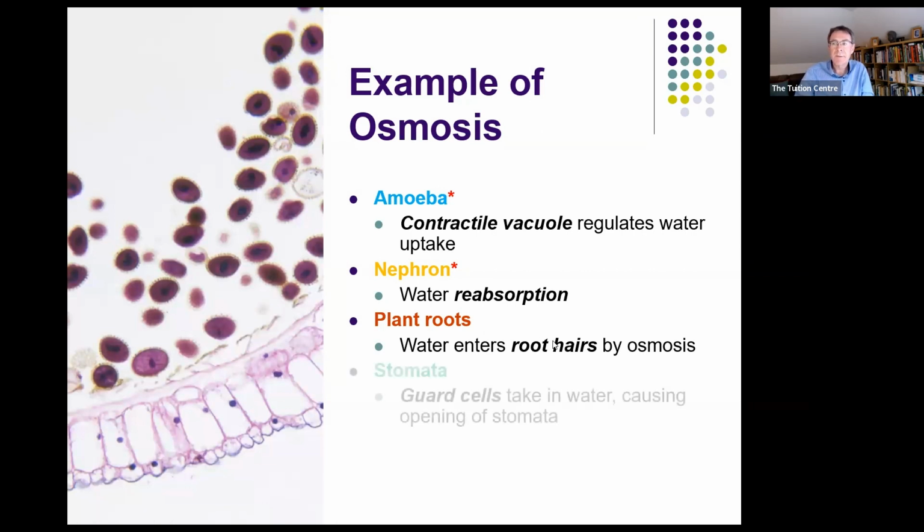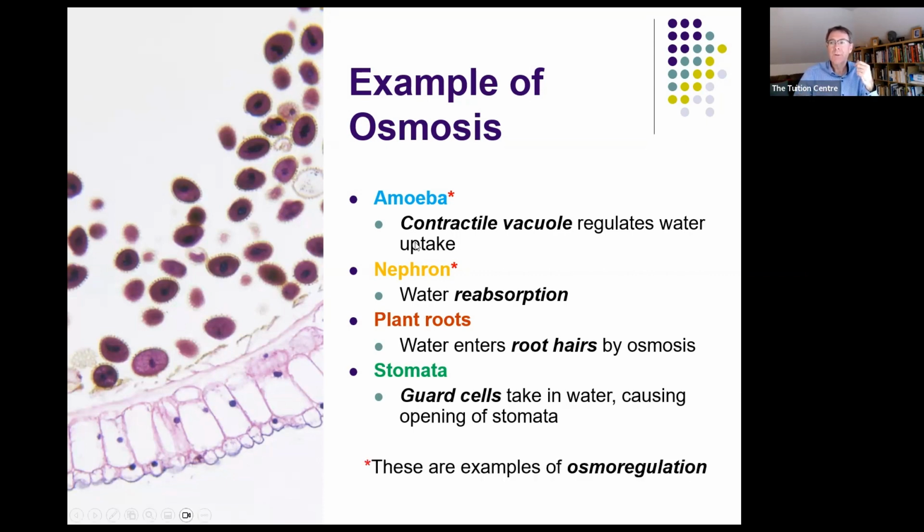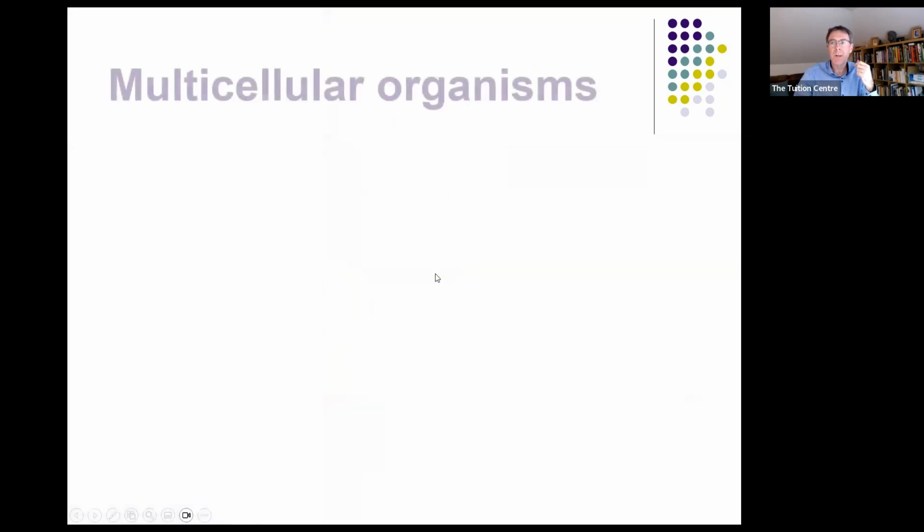So that's another example of osmosis. And the stomata, if you know about the stomata, we'll look at that in a few weeks' time. The guard cells, how they open and close, we'll look at. But the basic idea is that when they open, why they open is to do with the intake of water by osmosis. So those first two are examples of what we call osmoregulation.